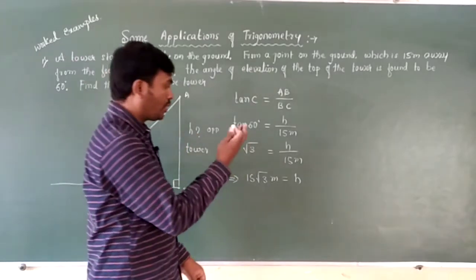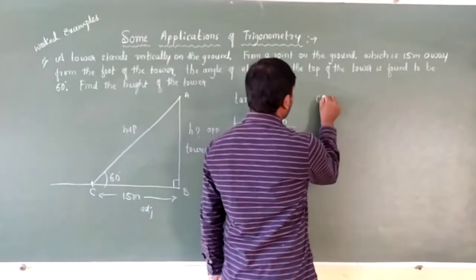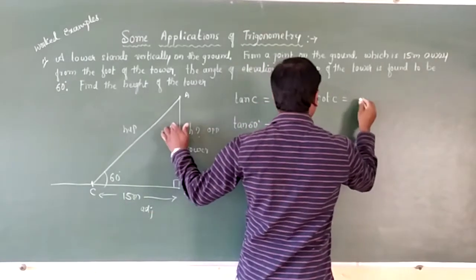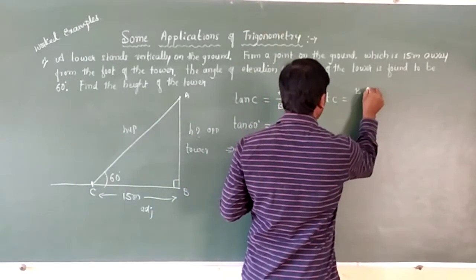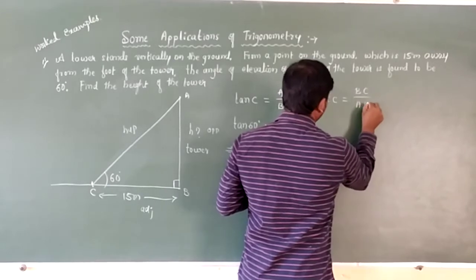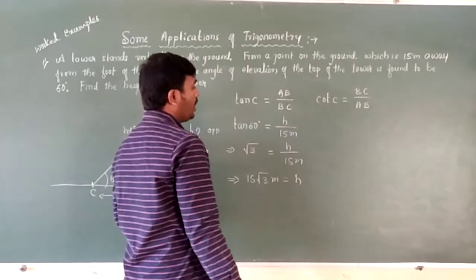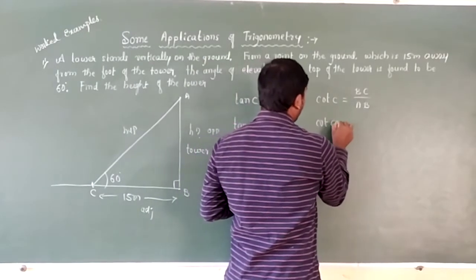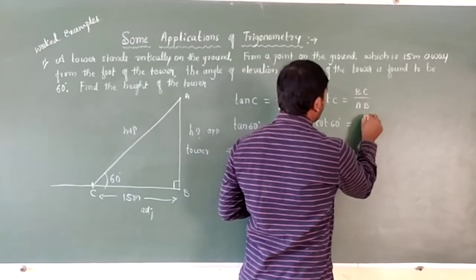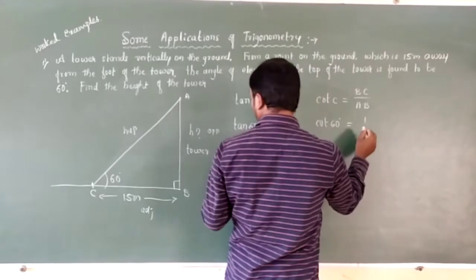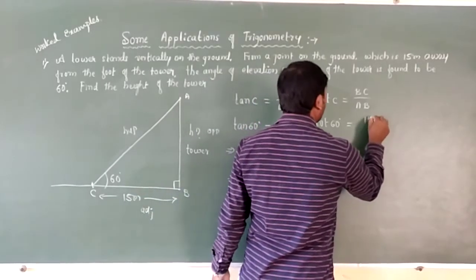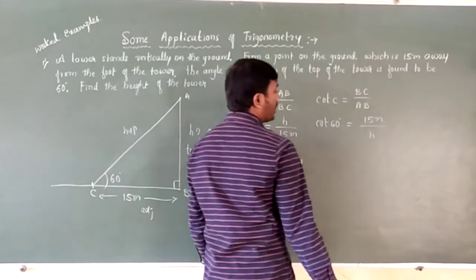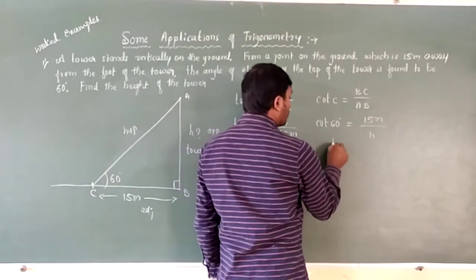Or you can solve it by using cot. Cot C is adjacent by opposite, that is BC divided by AB. Cot 60 degree is equal to BC, which is 15 meter, divided by h, the height.